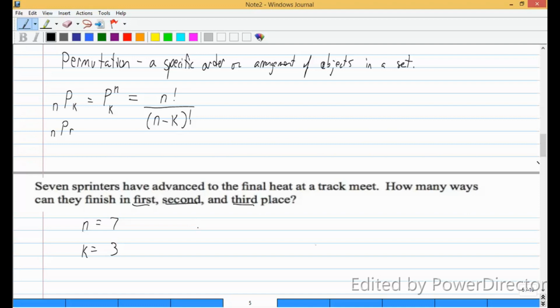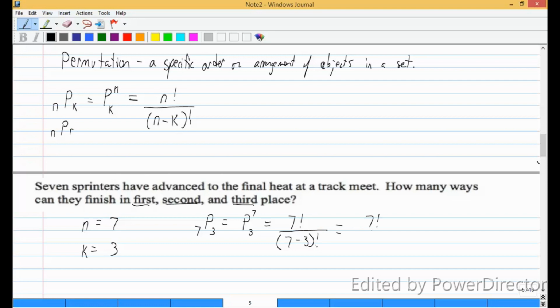So this can be written, like I said, a couple of different ways. One way is 7P3. Your book writes this as a P with a 3 at the bottom and a 7 at the top. It's just a different way to write it. If we apply that to our permutation formula, that would be 7 factorial divided by 7 minus 3 factorial.